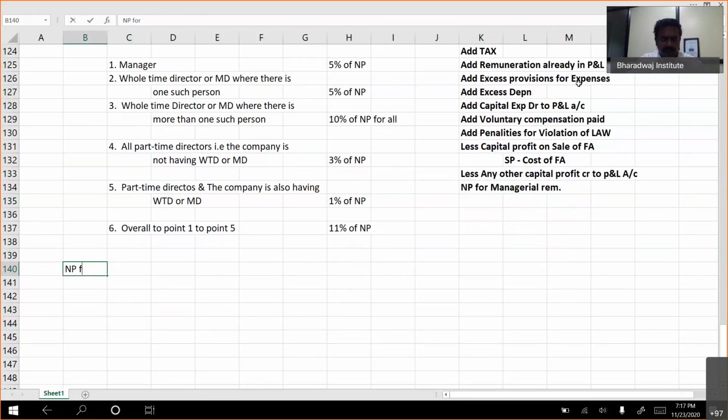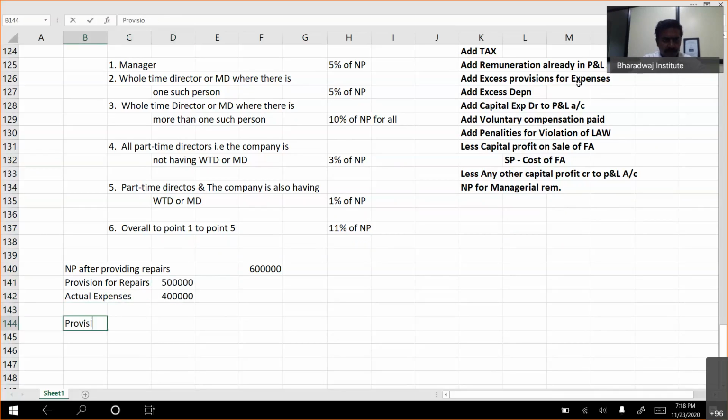Net profit after providing repairs is 6 lakhs. Provision for repairs 5 lakhs. Actual expenses are 4 lakhs.